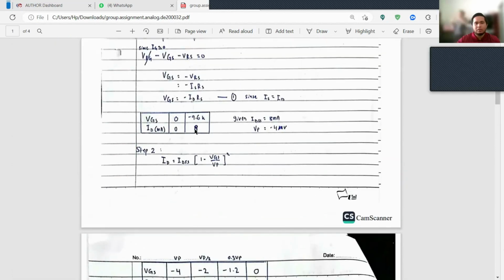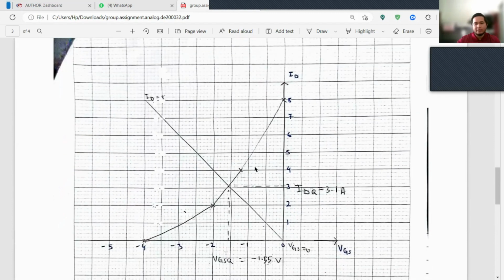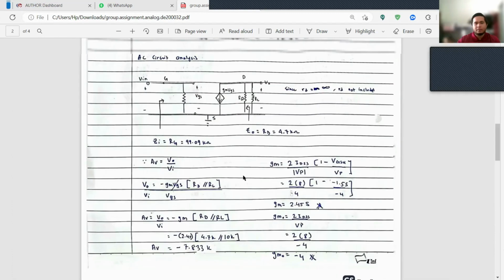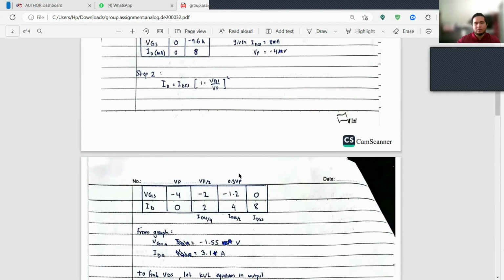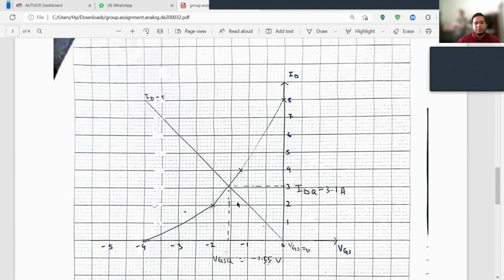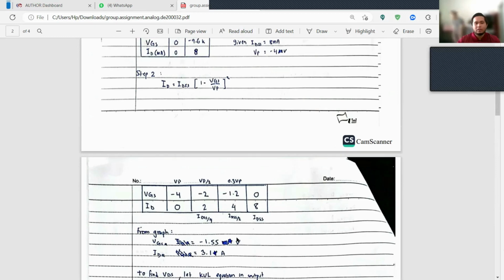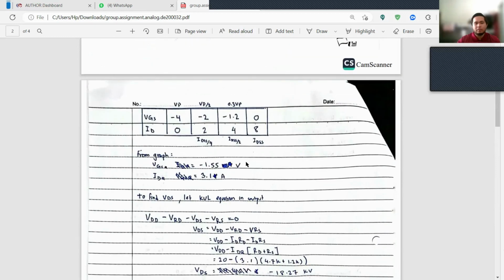This is the plot graph for this table. The intersection point Q point is VGSQ equals negative 1.55 volt, and IDQ equals 3.1 amp. So from the graph we can get VGSQ and IDQ.